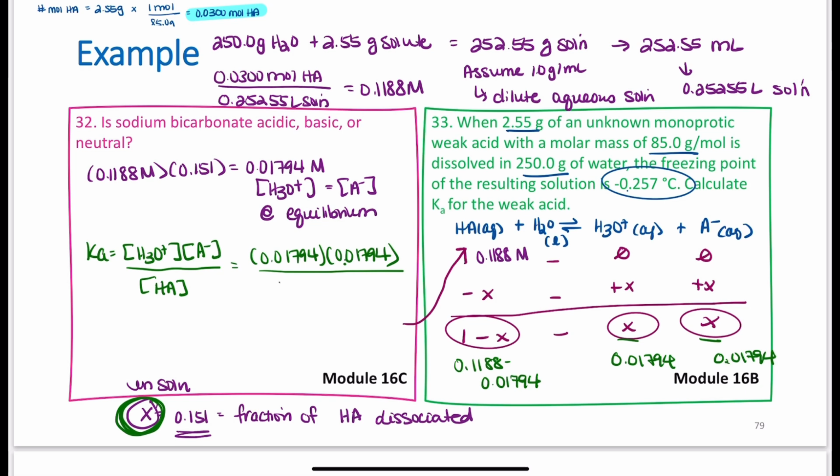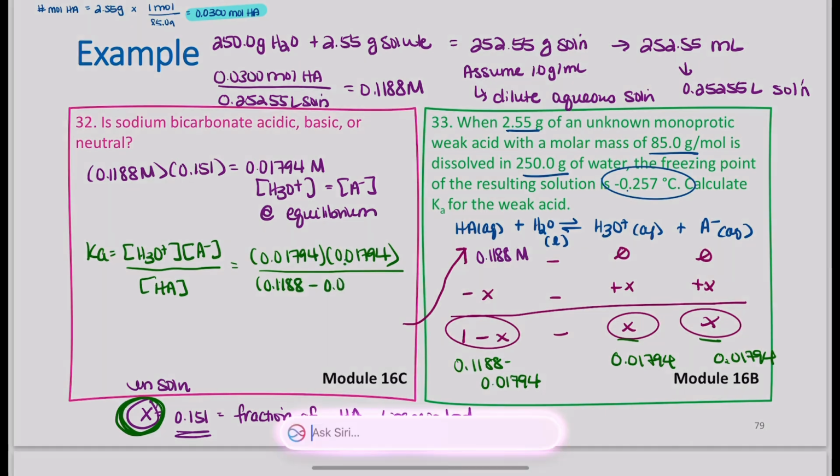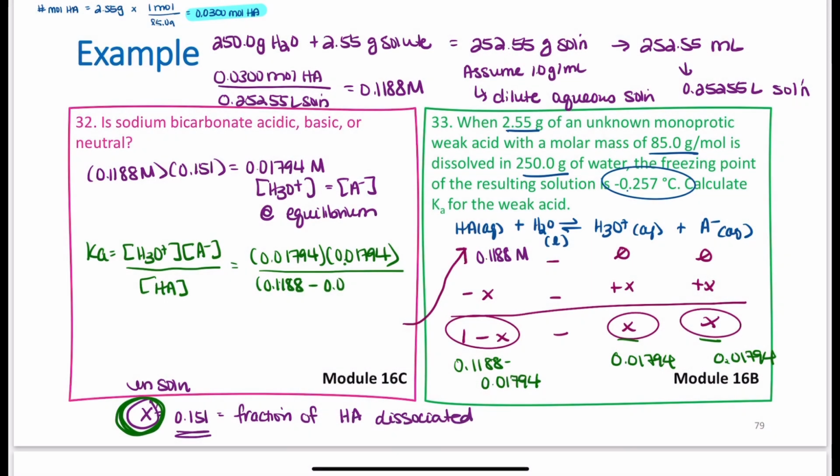So in the denominator, I didn't actually calculate it out, 0.1188 minus 0.01794 gives me a value of 0.00319. So the Ka value here, 3.19 times 10 negative 3. Pretty big Ka value.